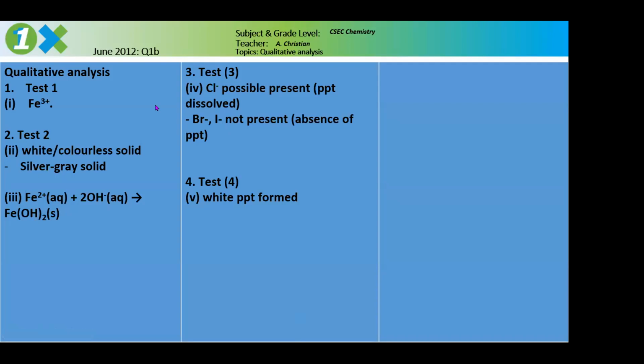For test 3, when you add the test for halides, chlorine is the only one that would be possibly present because the precipitate disappeared. If the precipitate remained, chlorine would be the only one that is absent, and bromine and iodine would be present, because their precipitate will not dissolve. And then, of course, for the last test, you will see a white precipitate form.